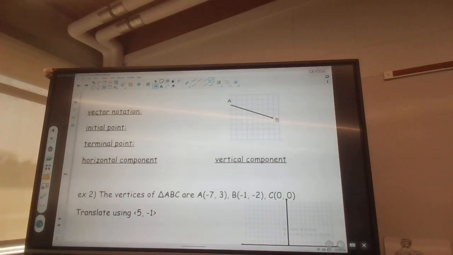So this is called vector notation. This replaces what we did yesterday. And you might say that was fine. Why are we replacing it? It's just another way to write it.